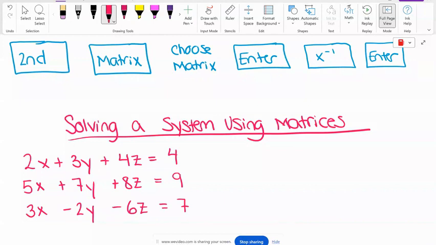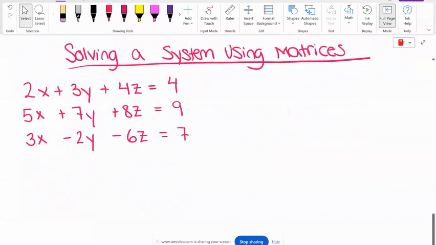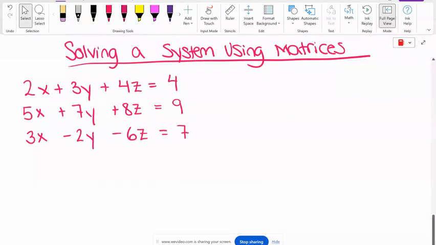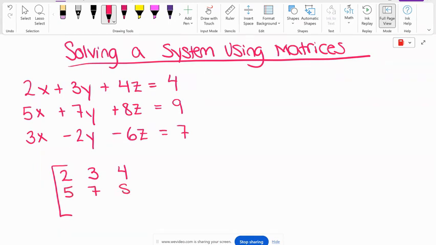So solving using matrices is not Cramer's. Cramer's uses determinants. So what do I want? If you guys remember, this is what we were doing by hand last class. What we want is to pull the coefficient matrix: 2, 3, 4, 5, 7, 8, 3, -2, -6.